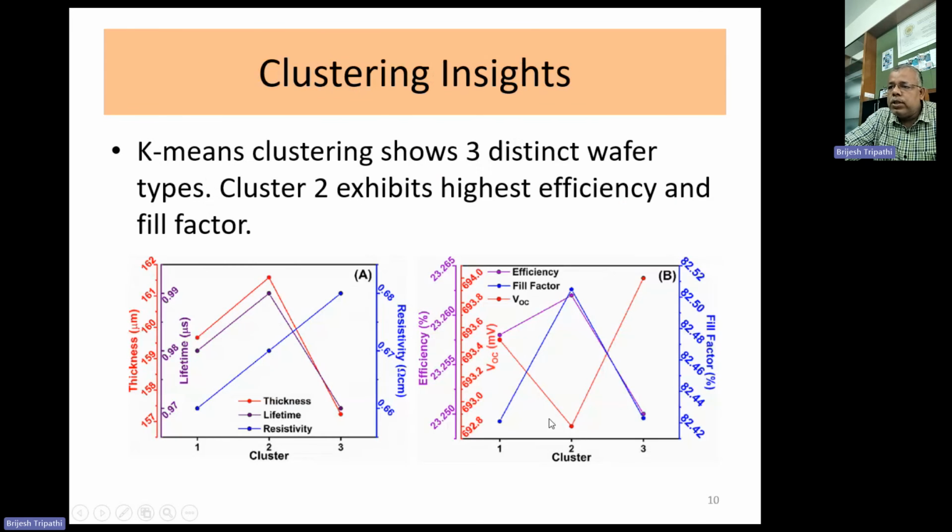So this result is showing that there is a particular thickness range with a particular peak value, having a given value of resistivity and carrier lifetime, which is performing best in terms of efficiency and fill factor.